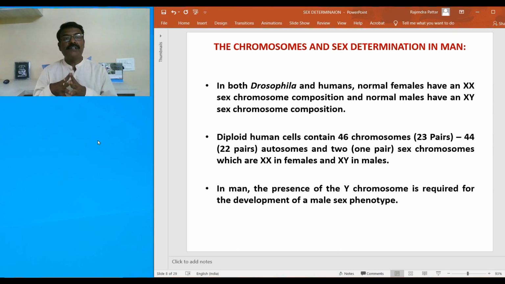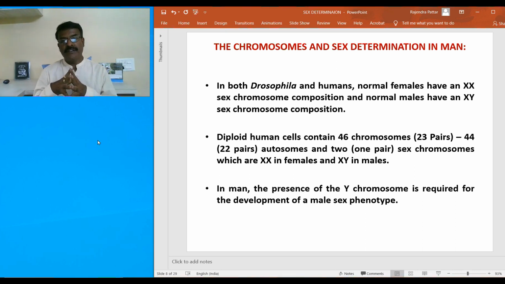What kind of genes are located on the Y chromosome? The major gene present on the Y chromosome is known as the SRY gene or TDF gene, that is, the testis determining factor. It is known as a master factor because it triggers the remaining genes to express for the appearance of the male phenotypic characters.